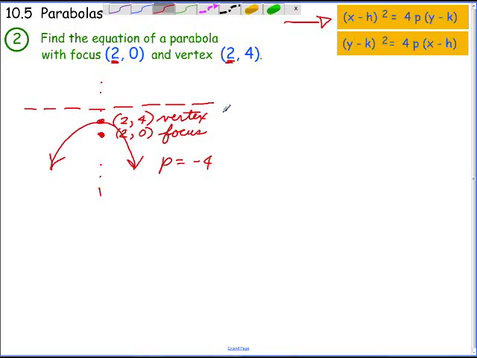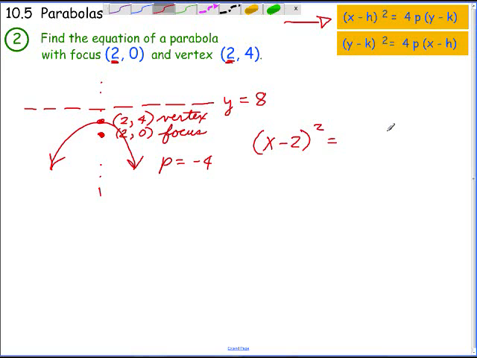Where will my directrix be? It'll be at y equals 8, won't it? Because it's another 4 units above. The focus was 4 units below. So if I know P, and I know the vertex, then I can write this equation. It's x minus the x-coordinate of the vertex, squared.